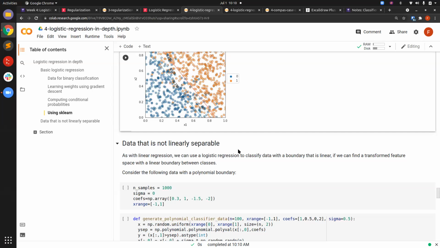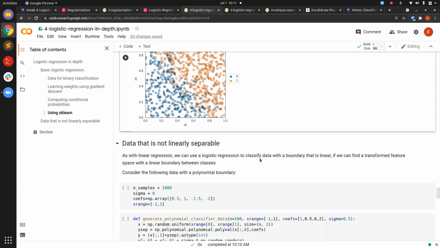Now, there's one more thing I want to show you for logistic regression. With linear regression, although it is designed for lines, we can use a linear basis function regression where we transform the features in order to create a nonlinear regression, so that we can perform a linear regression on nonlinear data.